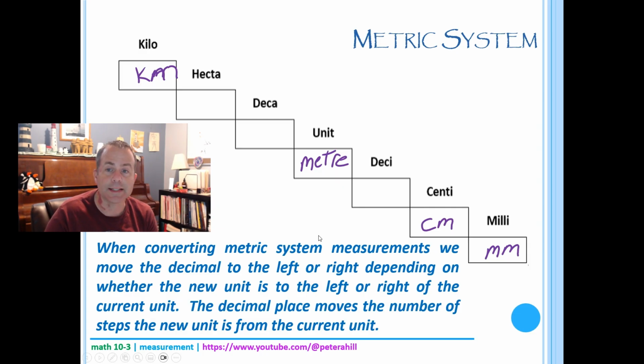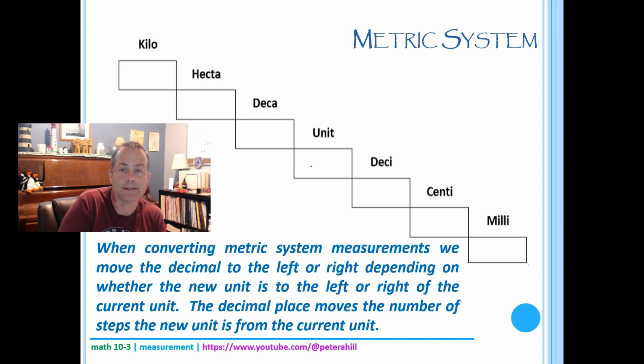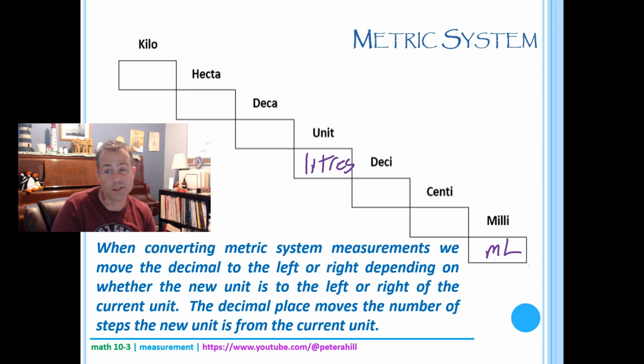Now, the example I just gave you was meters, but what if I said, I'm going to make it liters now? So I could have a milliliter. If you think about it, a can of pop is 355 milliliters.